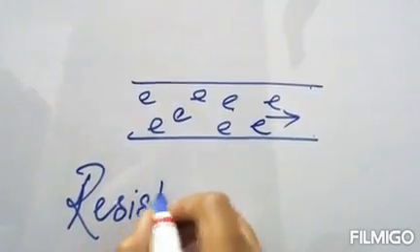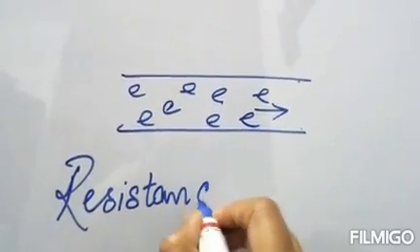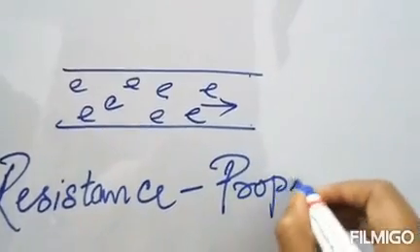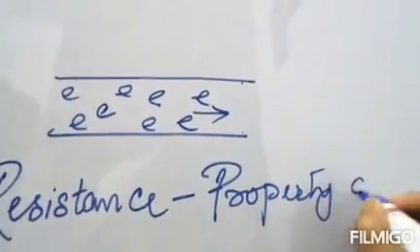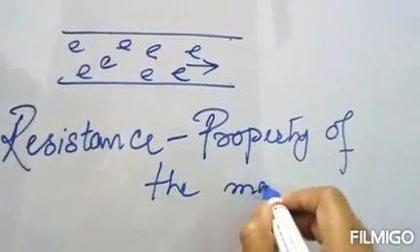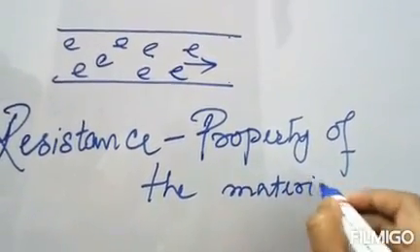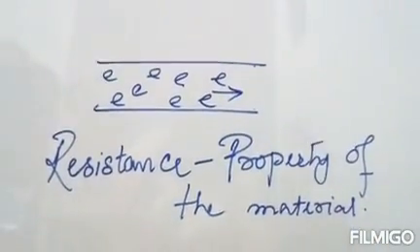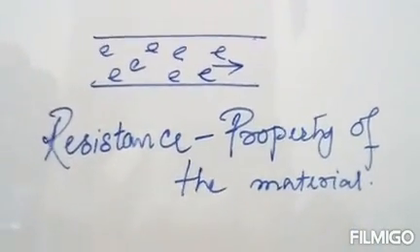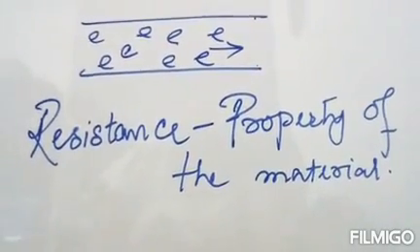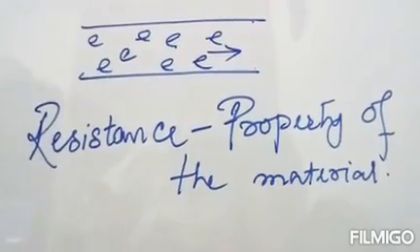Resistance is the property of the material through which current is flowing. If I consider a wire, then resistance is the property of that wire that provides obstruction to the free flowing of current, or charge.